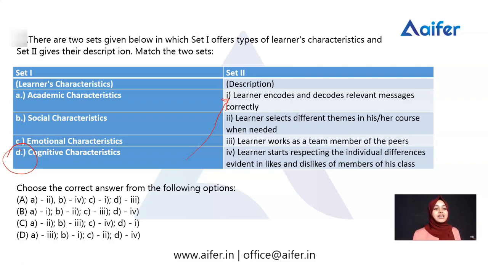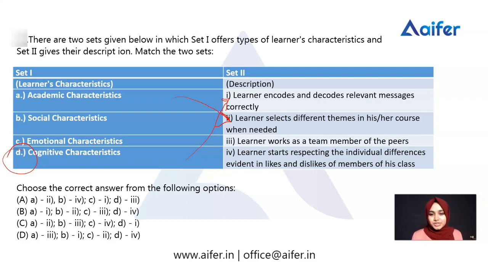It's definitely the academic domain, which deals with anything related to learning, knowledge, and learning styles. So yes, A of set 1 matches with 2 of set 2.